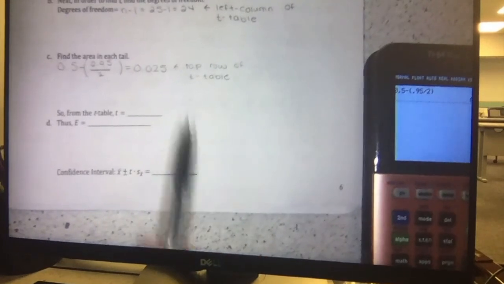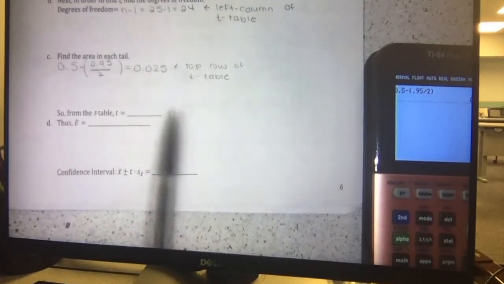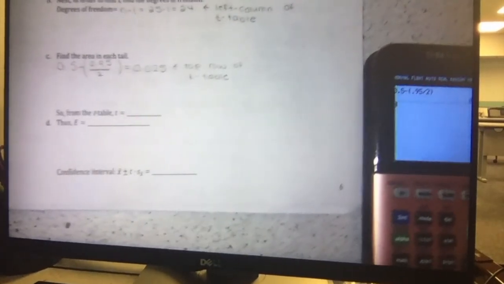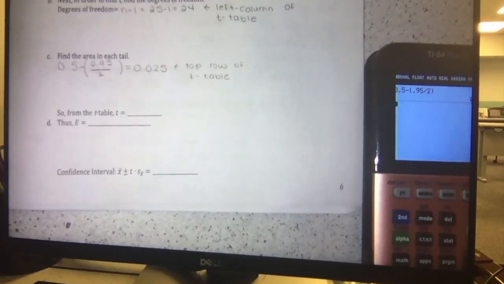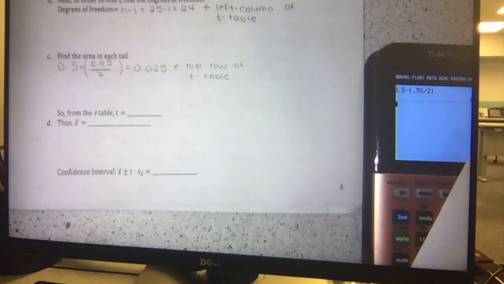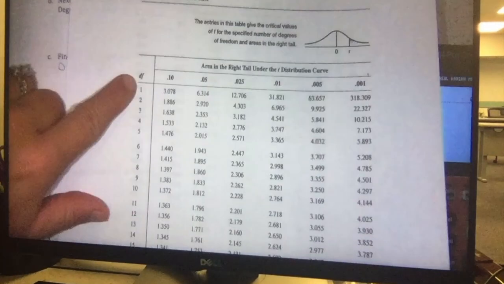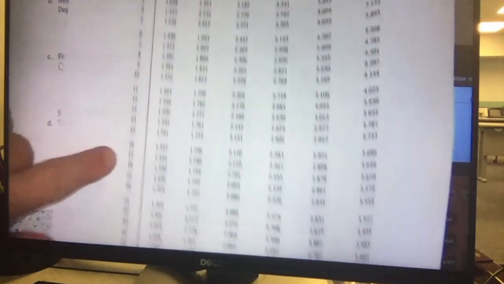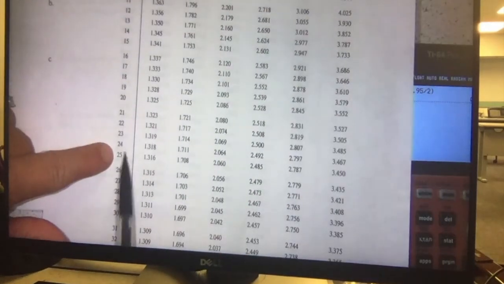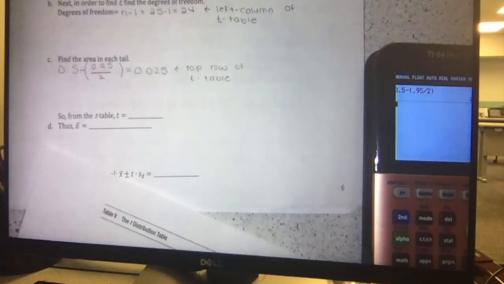So we need that degrees of freedom, which is 24. Then we need that top row. So now going to our t table, notice it's two-sided. Looking at our degrees of freedom, which is our DF, going down to 24, and then we have our area under the right tail, which we found was 0.025.